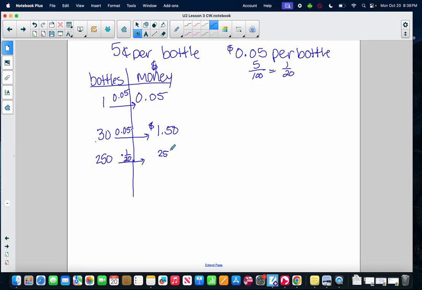And 250 divided by 20 is the same as 25 divided by 2, which is $12.50. 860 times 1/20th. 860 divided by 20 gives me $43.